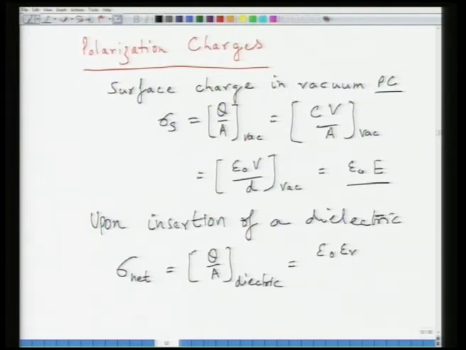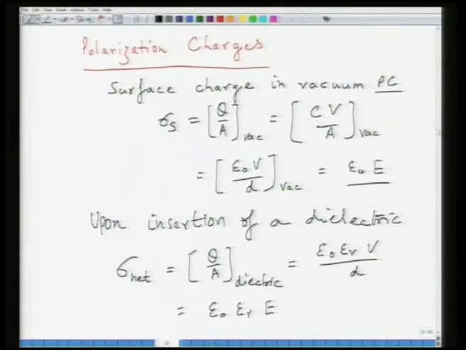So, this would be epsilon naught epsilon R V by D, which means epsilon naught epsilon R E. This is the net surface charge density upon insertion of a dielectric, which, as you can see, is more than the previous one, because here you have a factor epsilon R, which is higher than 1. As a result, this net surface charge density is definitely higher than the surface charge density for a vacuum plate capacitor. That is what we are going to look at now.